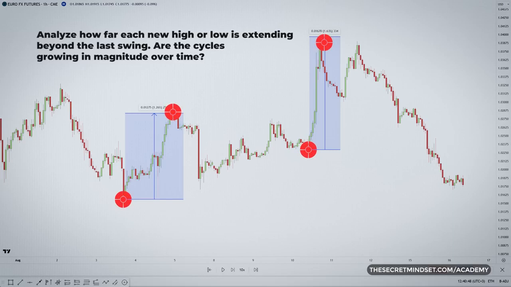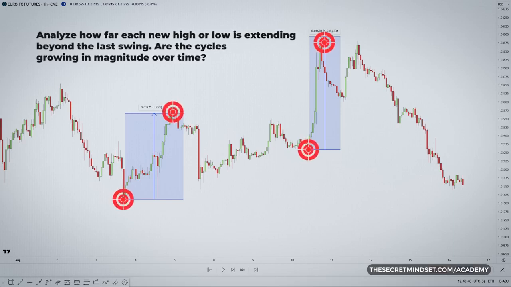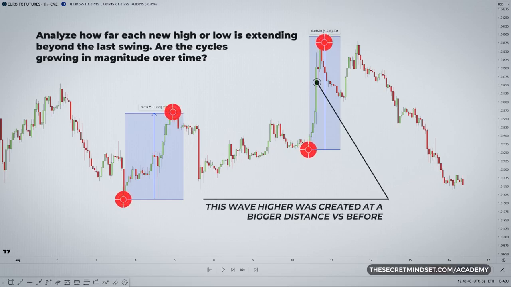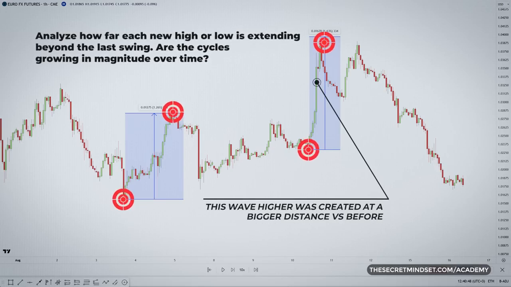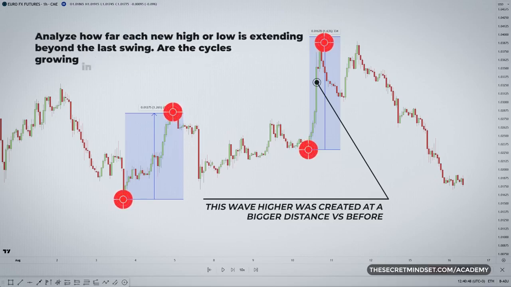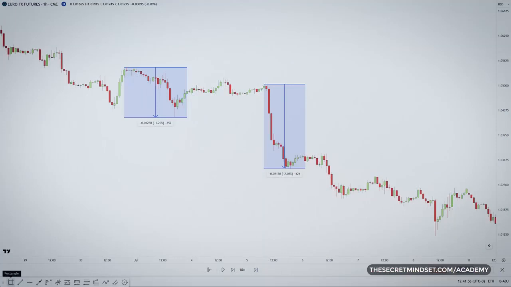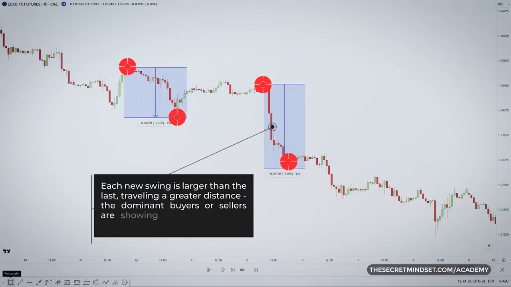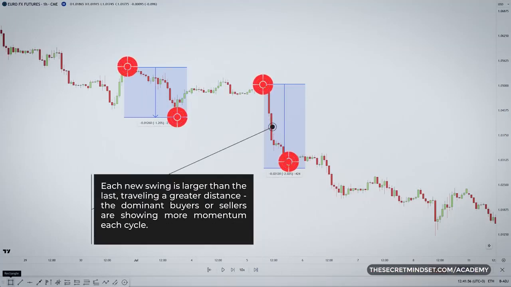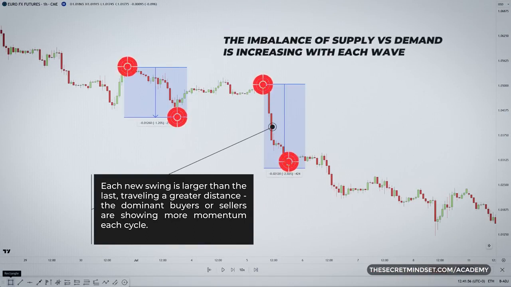Even if we've hit a sideways period now, looking back, we can measure the height of the most recent wave relative to the previous run. And in this case, the latest wave higher was created at a bigger distance versus before. When each new swing is larger than the last, traveling a greater distance, that tells me the dominant buyers or sellers are showing more momentum each cycle.